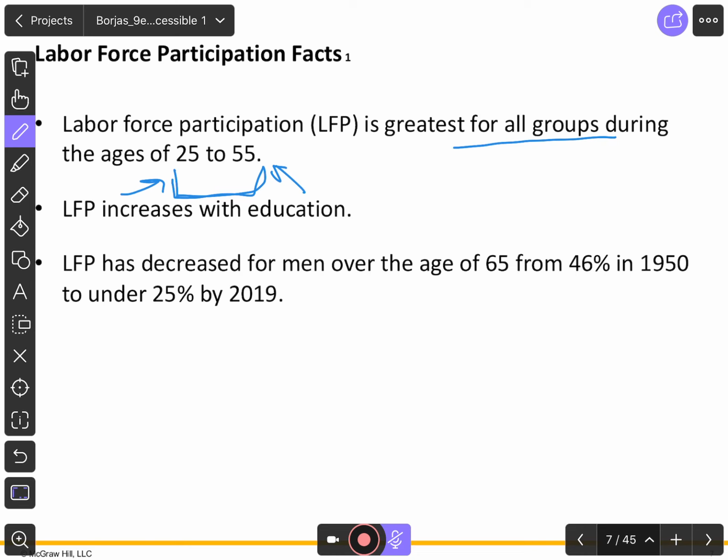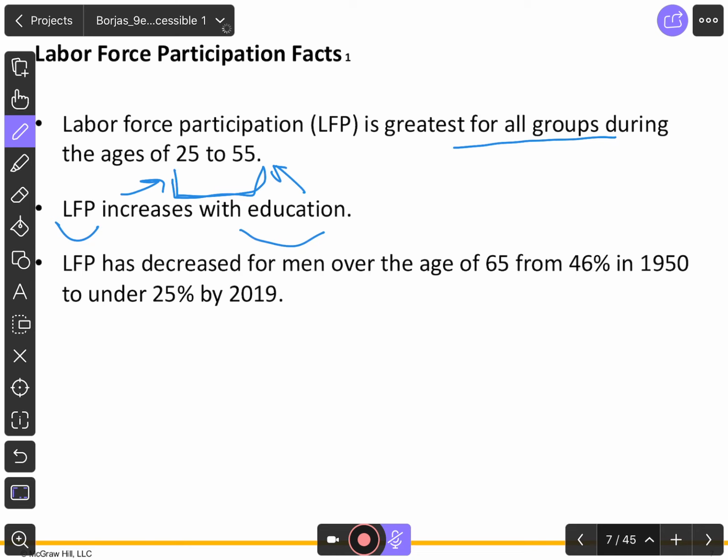Of course, people participate more if they spend more on their education. So people with a PhD or master degree have a higher chance of finding a job. Their participation rate is higher than people with fewer years of education.